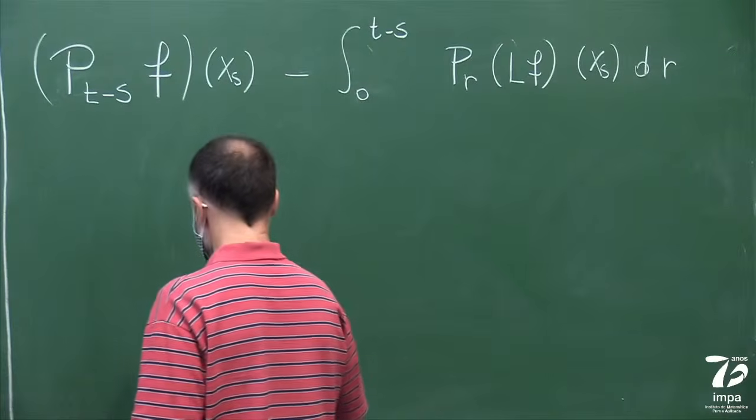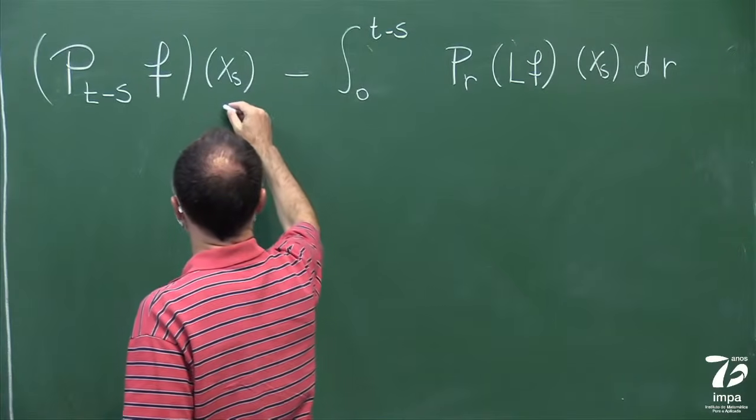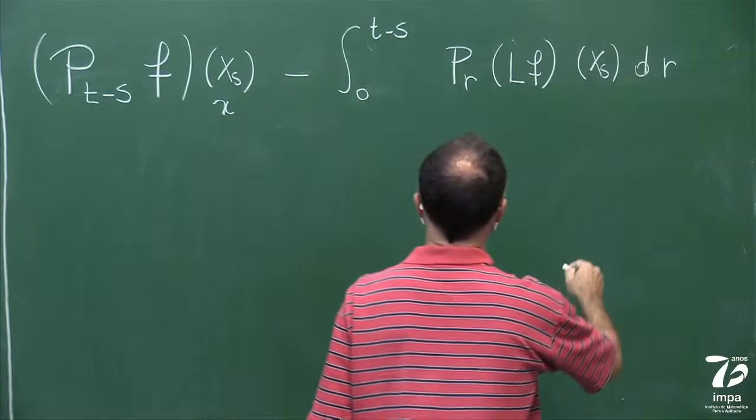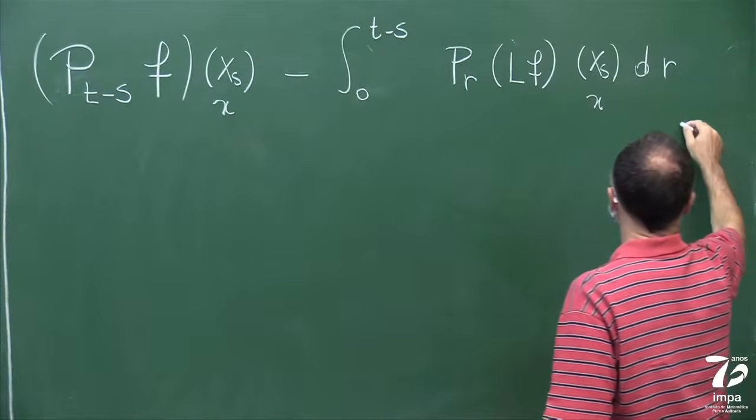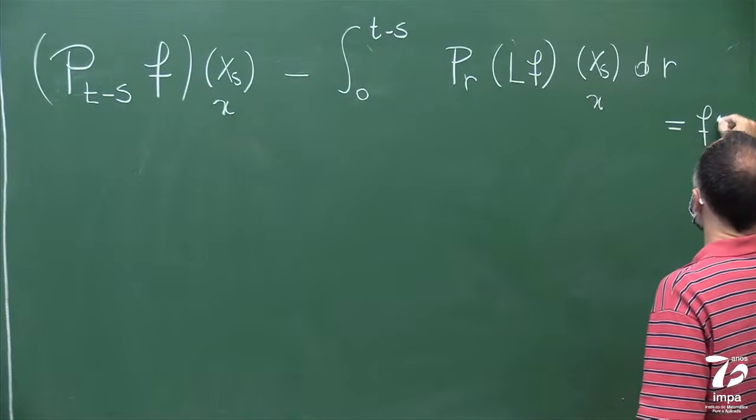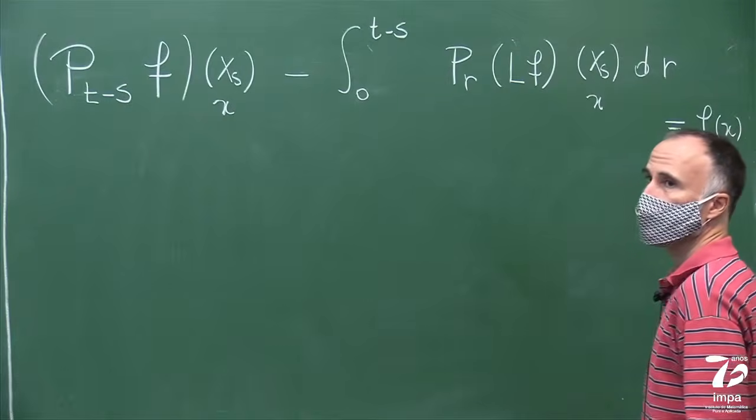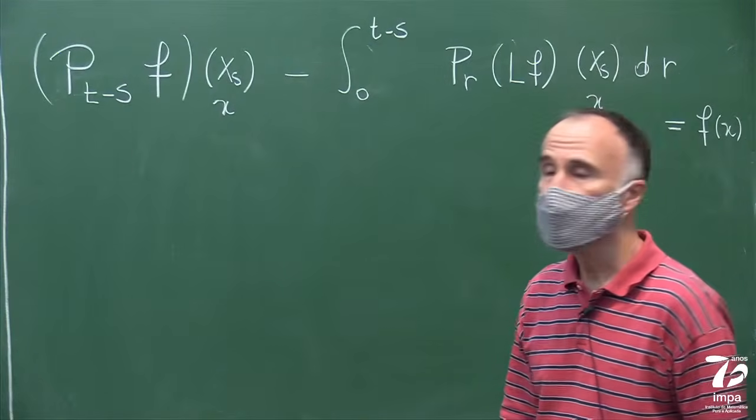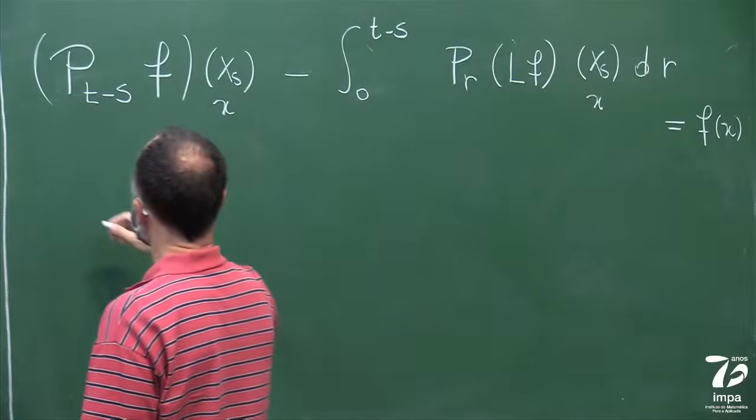Okay? And I want to show that this is equal to f(x). So let me call that point x, and I want to show that this is equal to f(x), for all t minus s.